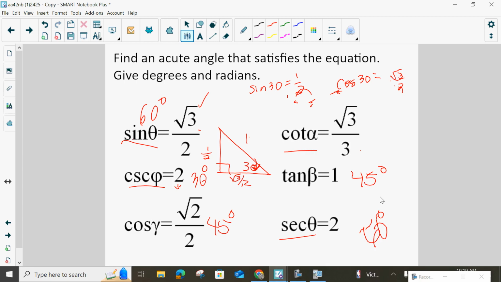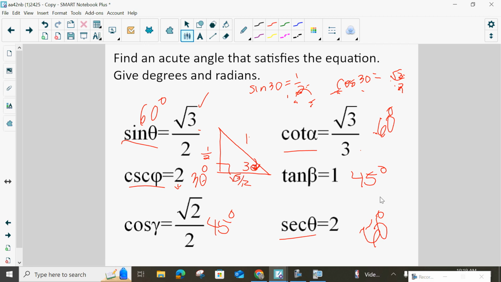If I'm doing cotangent of 30, I'm getting rad 3 over 2 over a half. The 2's would go, so I'm only getting rad 3. So if the answer's not 30, it's got to be 60. So see how I only really looked at one angle? And if it didn't work for that angle, it had to be the other one. You don't have to do it that way, but it's better than looking at every single problem, looking at your triangle and trying to find it.